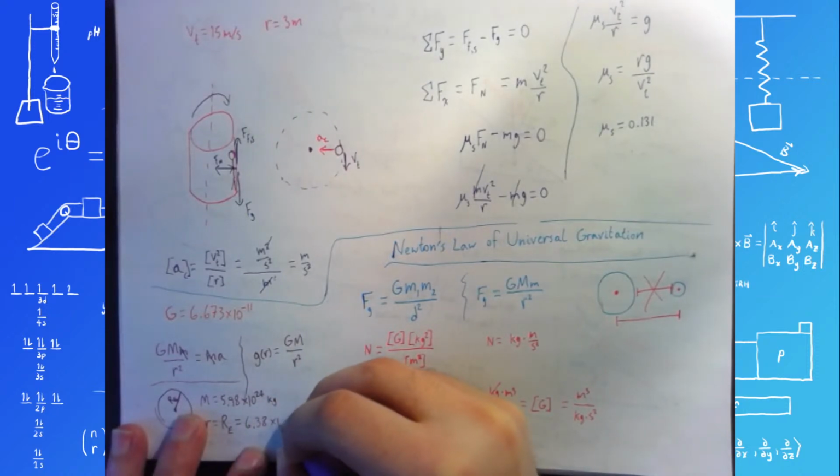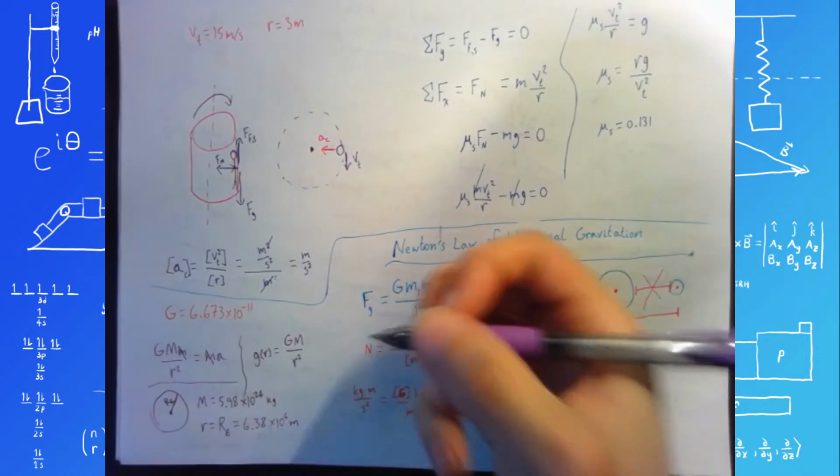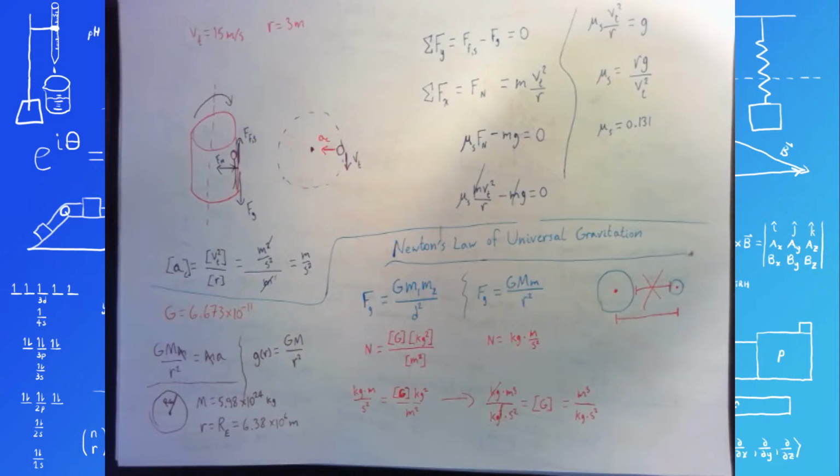6.38 times 10 to the 6 meters. Let's plug those numbers in and see what we get.